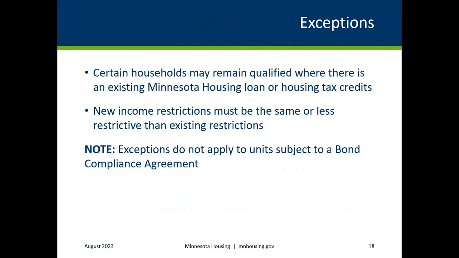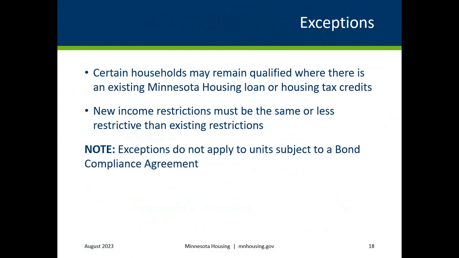For example, Main Street Apartments is a 100-unit property with an existing allocation of housing tax credits. The rent and income restrictions are 60% MTSP for all units, and all units are occupied by households that qualified at 60% MTSP income limits. The property is receiving a new HIB loan restricting 100% of the units at 60% MTSP. The HIB loan is also subject to a bond compliance agreement, which requires 40% of the units in the property to be income restricted at 60% MTSP.